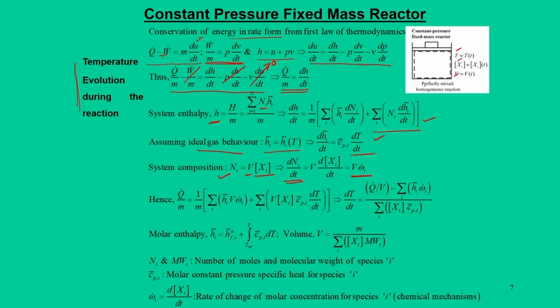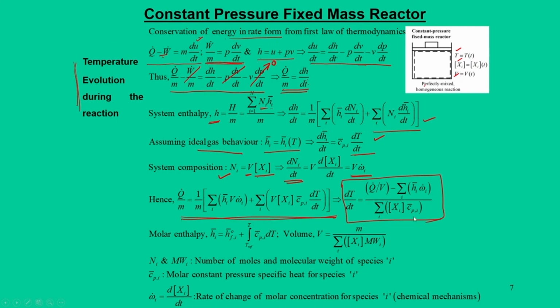Putting all these things together, after simplifications we frame the expression for the rate of change of temperature with respect to time, which is nothing but a ratio in which the numerator is equal to q dot by V minus summation of hi omega dot i, divided by summation of concentration xi into Cpi.